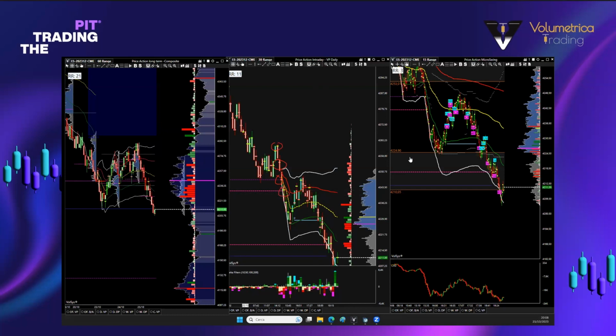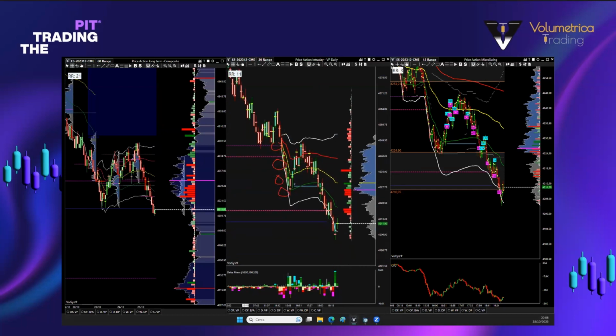bar. As you can see here, we have some nice examples, like in this bar. We can see price going down, that's a down bar, and it comes with a POC for the bar with a dominance of aggressive buyers. But despite all of those buyers being aggressive, price couldn't move further up.